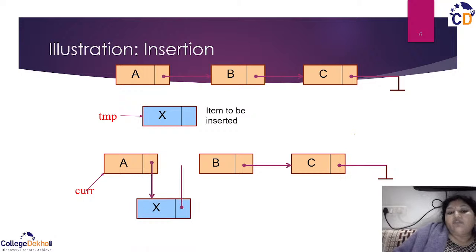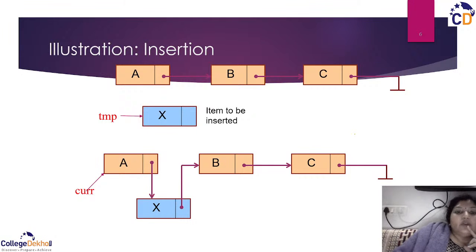We will cut the connection. The address of A now points to the X node, and the X node will contain the address of B node. So this is how we insert an element in the linked list, right?